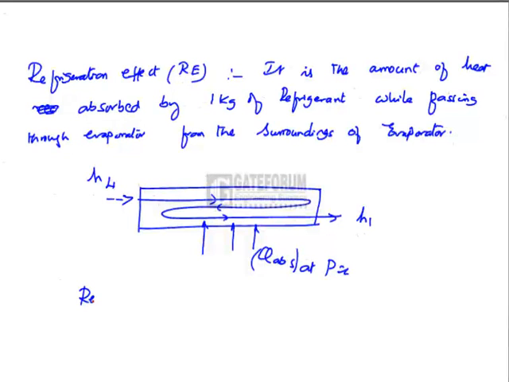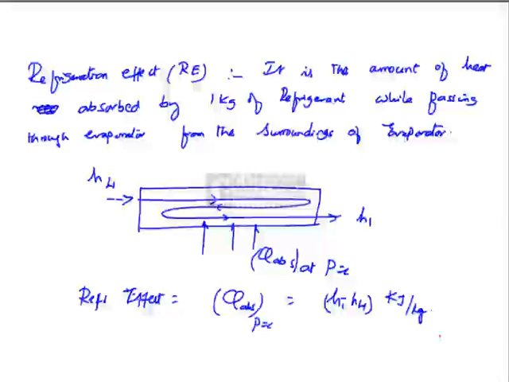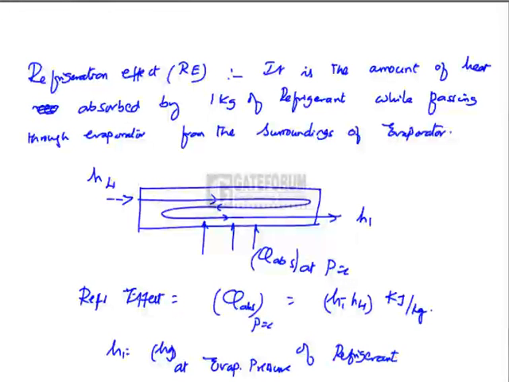Therefore, refrigeration effect is equal to Q absorbed at constant pressure, which is nothing but H1 minus H4 kilojoule per kg. H1 is Hg at evaporator pressure of refrigerant, which is to be taken from the refrigerant tables.